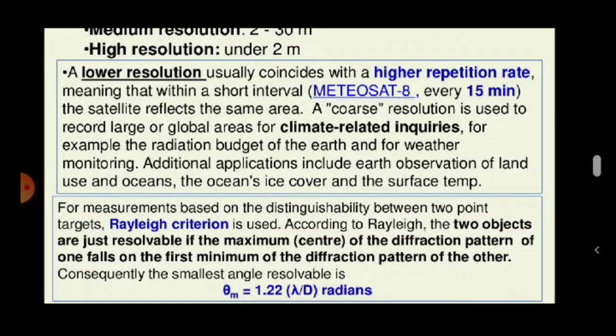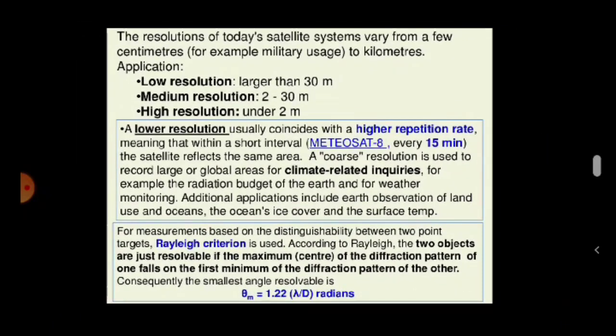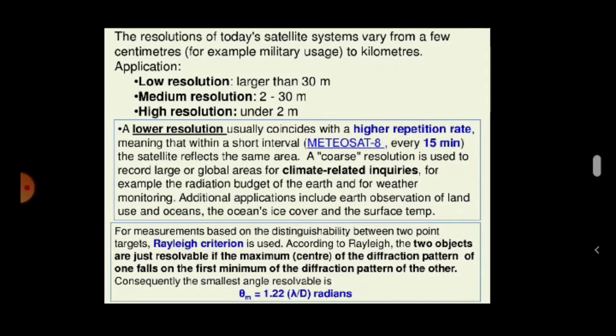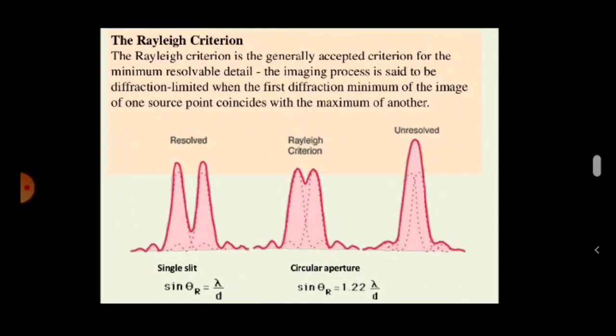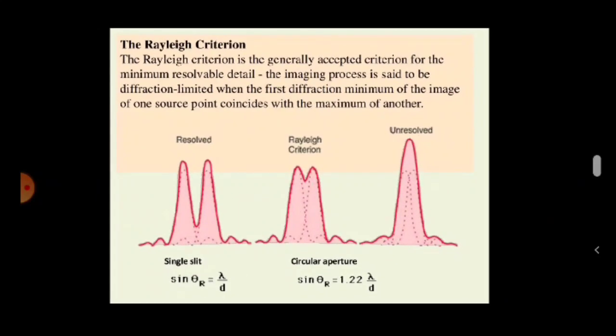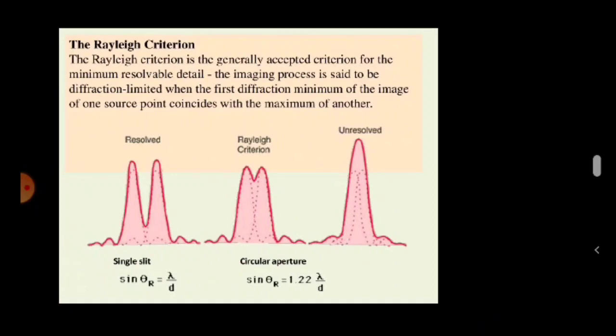These are some additional items. The smallest resolvable angle can be found from this equation. So what is the Rayleigh criterion? These are some additional items on resolving power.